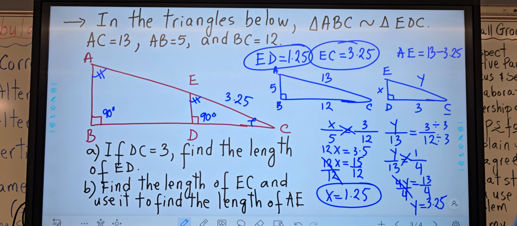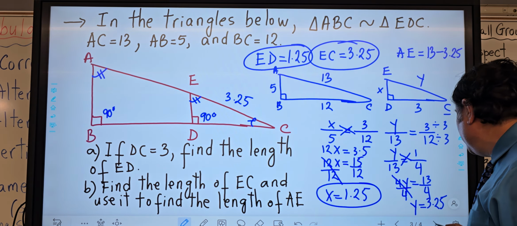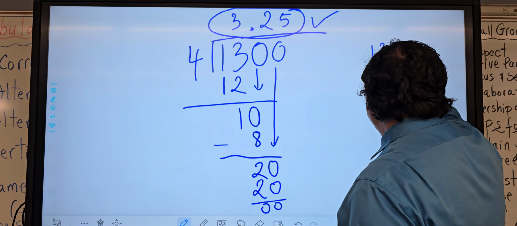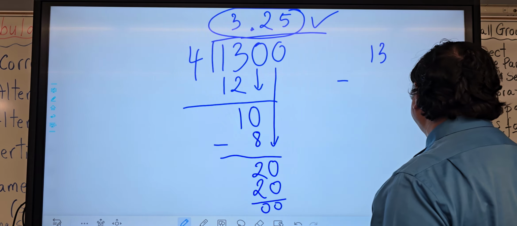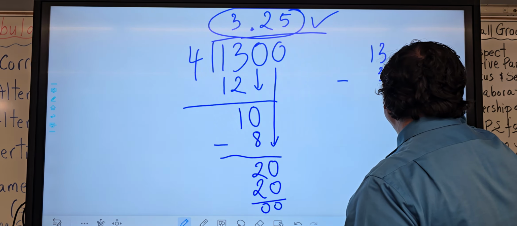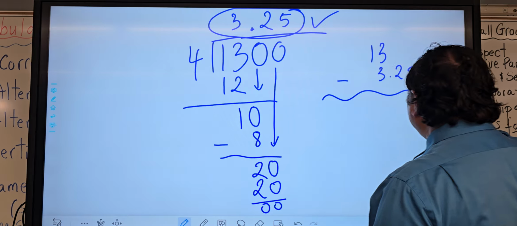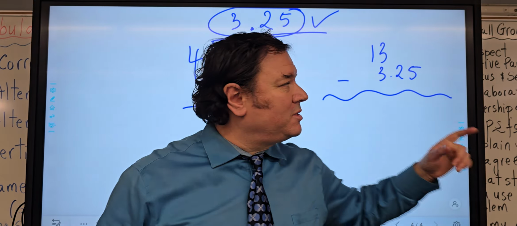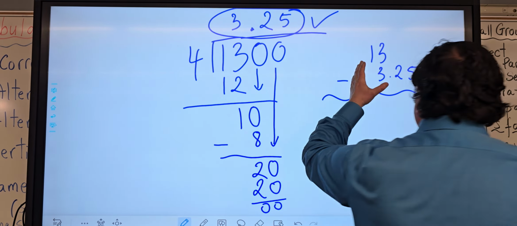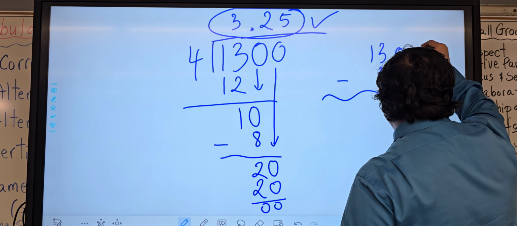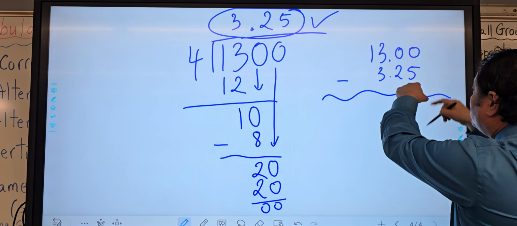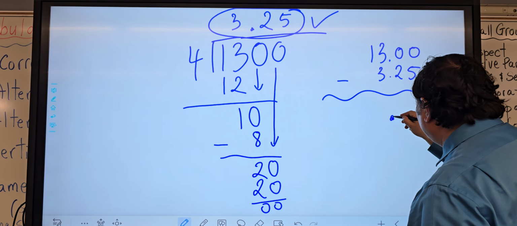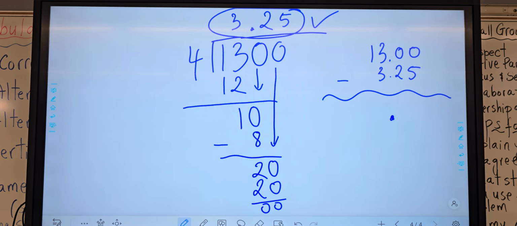Okay? And let's do the work on the other side. 13 minus 3.25. Be very careful how you arrange those decimals here, right? 13 can be written as 13.00. Don't forget that. And then we subtract 3.25. Make sure you bring down the decimal right away, and then we can subtract.